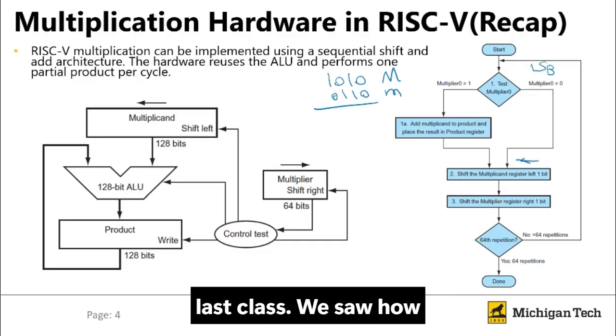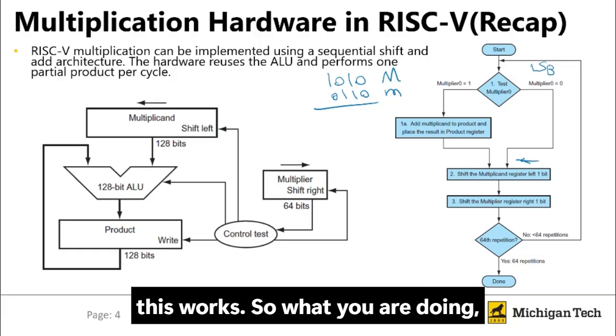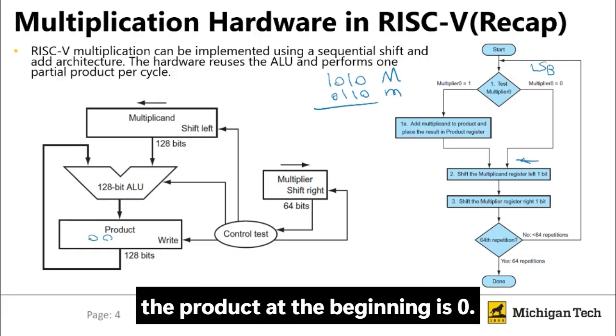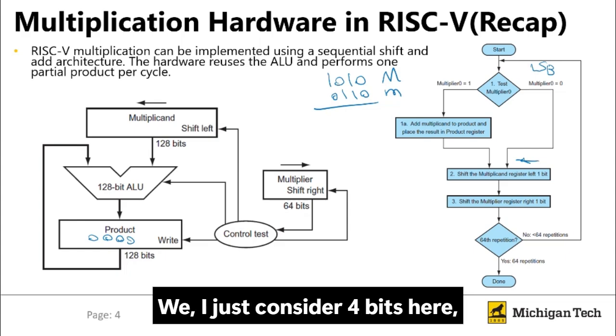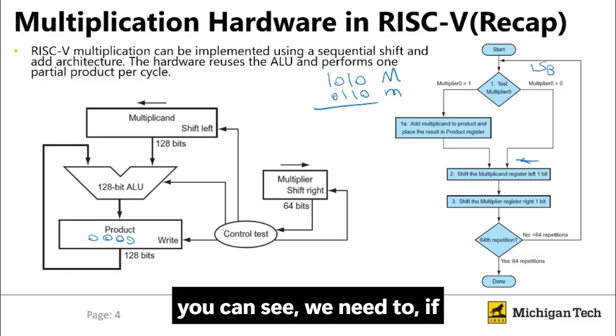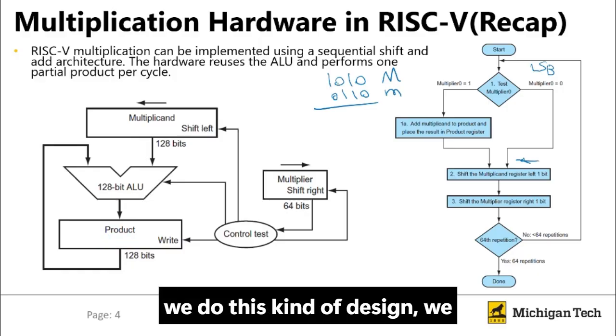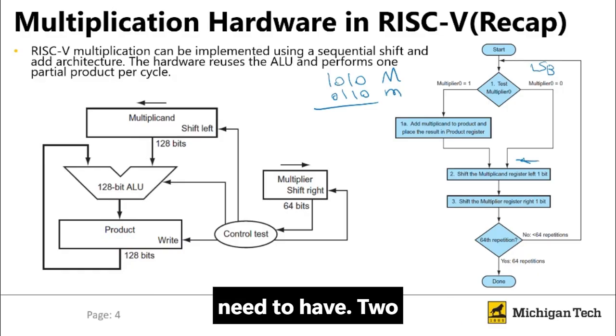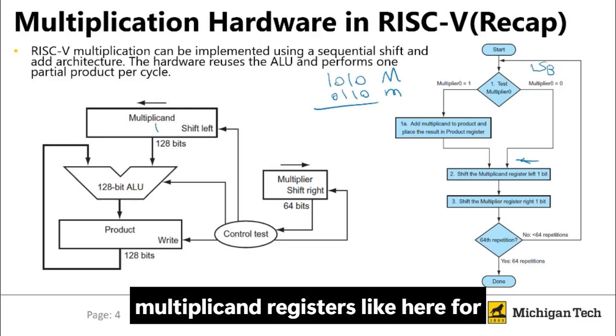Last class, we saw how this works. The product at the beginning is 0. I just consider 4 bits here, but it can be 64. As you can see, if we do this kind of design, we need to have 2 times n. If, for example, it's 4-bit, you need to consider 8-bit multiplicand registers, like here, for example, 1, 0, 1, 0.